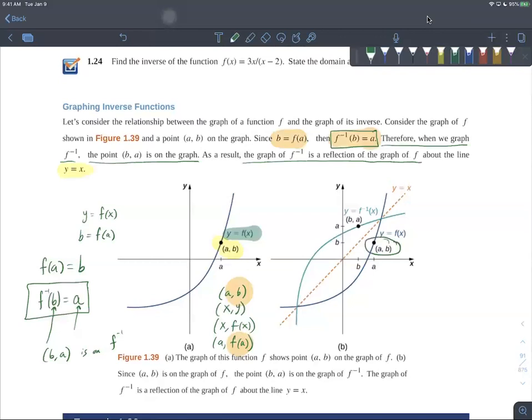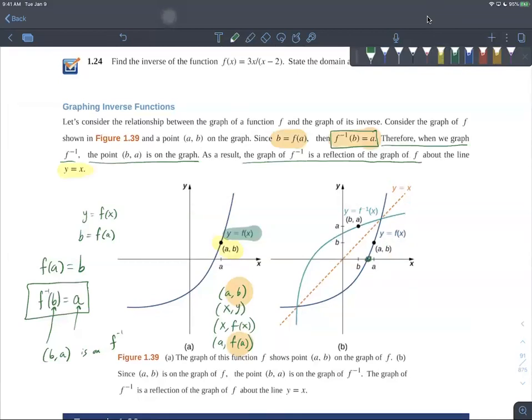We can switch those coordinates, and when we switch them, we get (b, a), and that is a point on the inverse function.